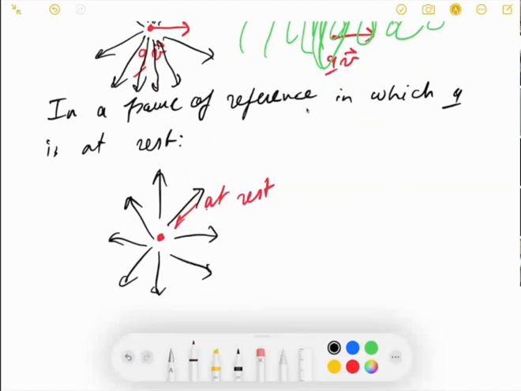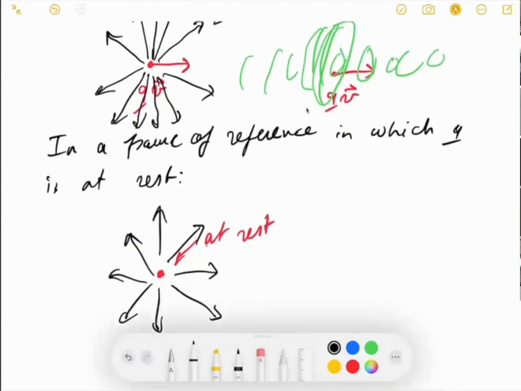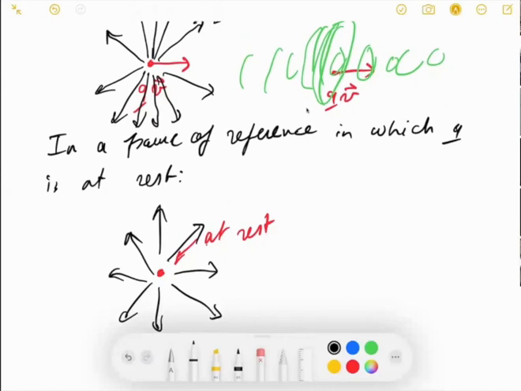There's really no reason to expect any preference for these field lines pointing in one way or another. So obviously these two pictures are different, and the magnetic field, of course, would be 0, right? So no B field, because there's no current when the charge is not moving, so therefore there's no magnetic field.